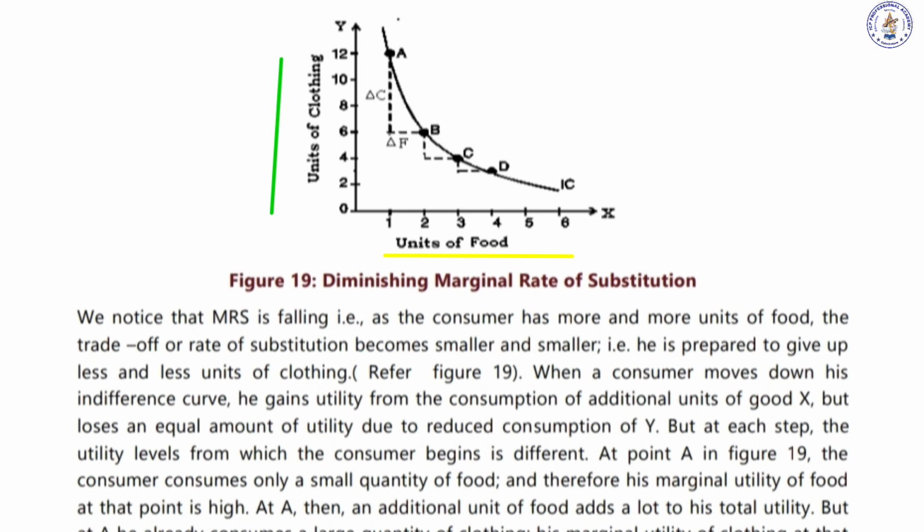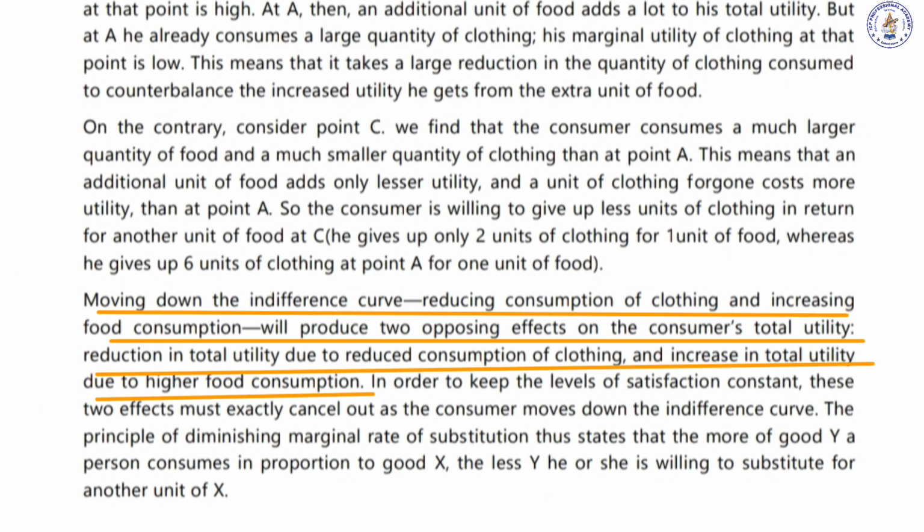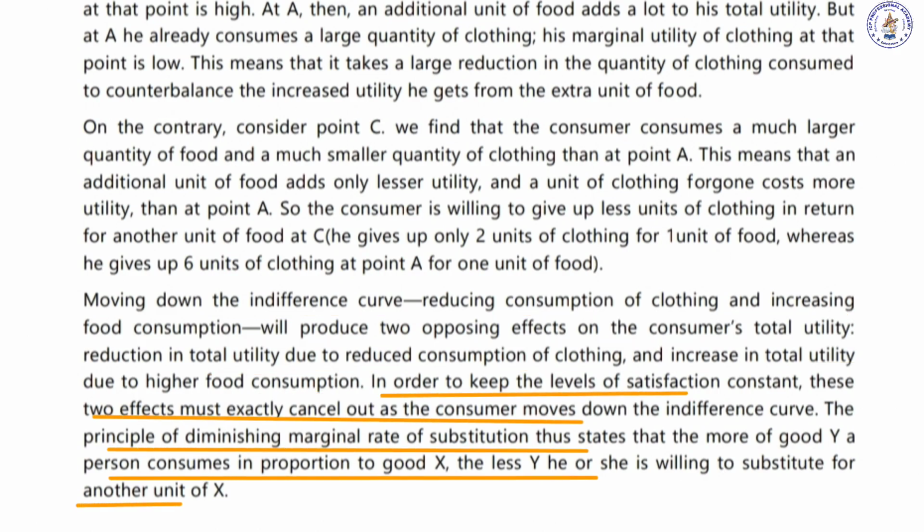Now moving down the indifference curve, reducing the consumption of clothing and increasing food consumption will produce two opposite effects on the consumer's total utility: a reduction in total utility due to reduced clothing consumption, and an increase in total utility due to higher food consumption. In order to keep his level of satisfaction constant, these two effects must exactly offset each other as he moves along the indifference curve.